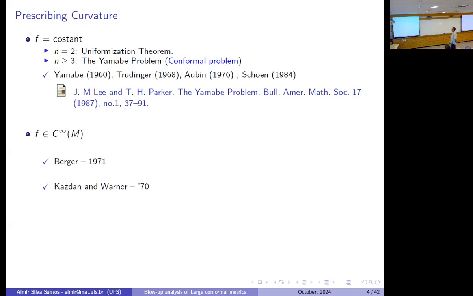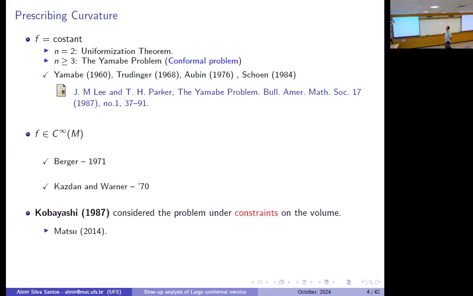And when the function is not necessarily constant, to our knowledge, the first paper that studied this case was by Berger in '71. Later, it was studied in a series of papers by Kazdan and Warner in the 70s. There are 6, 7, 8 papers about this problem. And in '87, Kobayashi considered this problem with a restriction on the dimension.